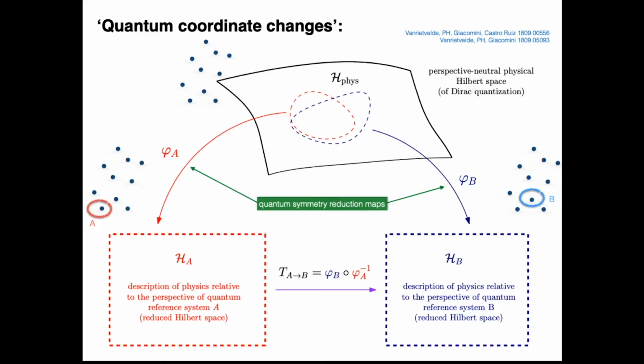And so what is that actually doing? These are maps, quantum symmetry reduction maps. They're always relative to a choice of reference system, here relative to a particle, that essentially remove the redundancy in the description. If we pick, again, particle A, it basically removes all reference to particle A in the description, and it gives you the so-called reduced Hilbert space. You can do the same thing relative to B, and then these quantum symmetry reduction maps are sort of like the quantum coordinate maps, if you want.